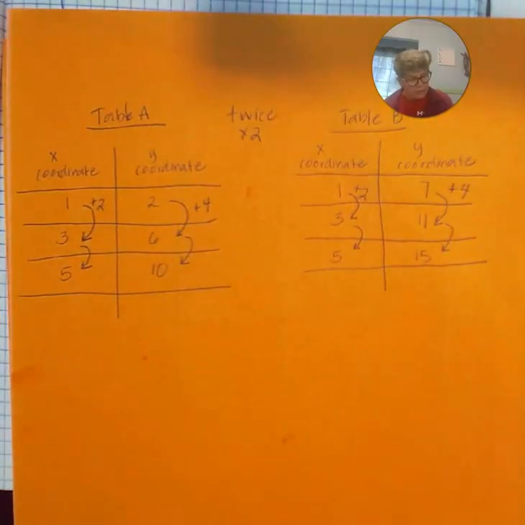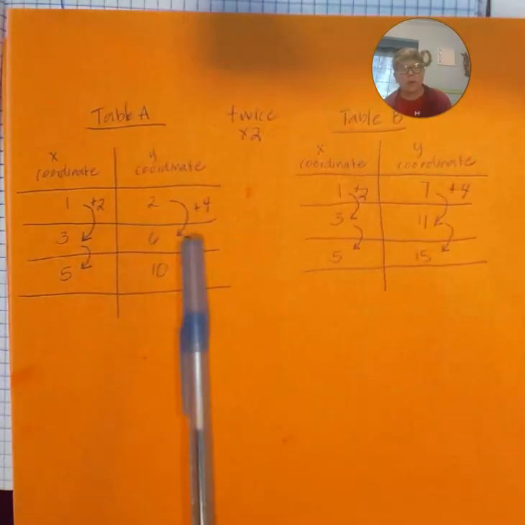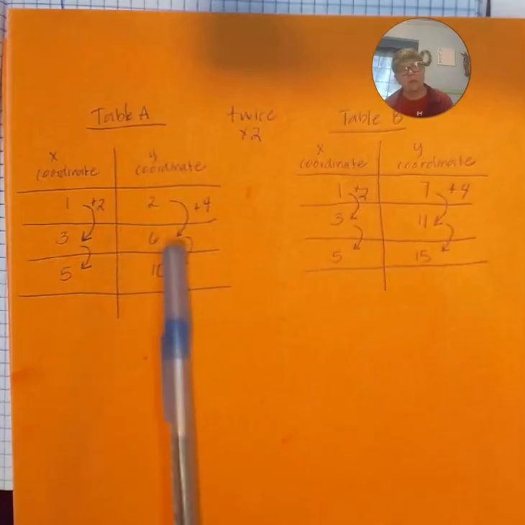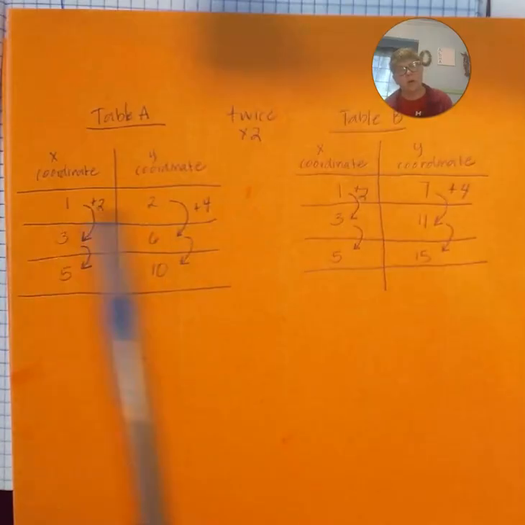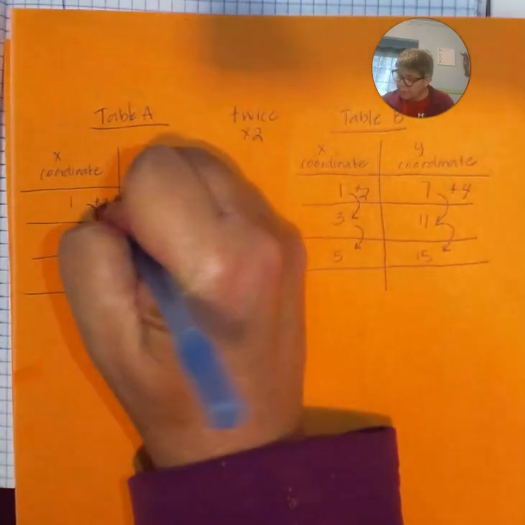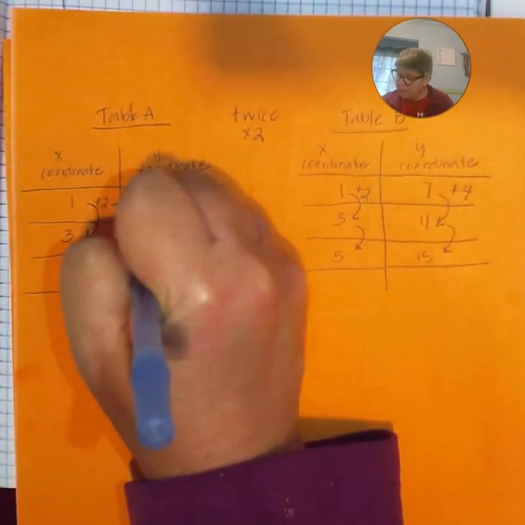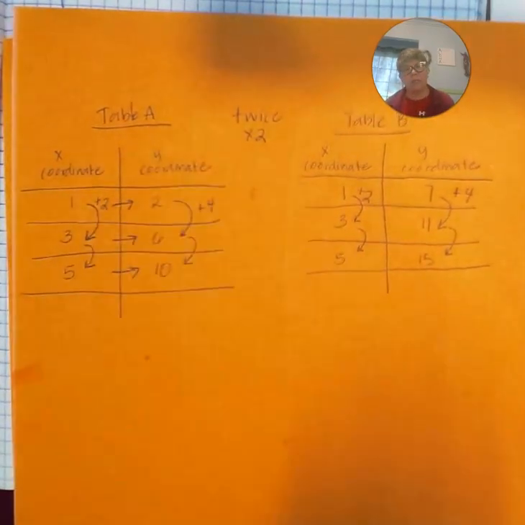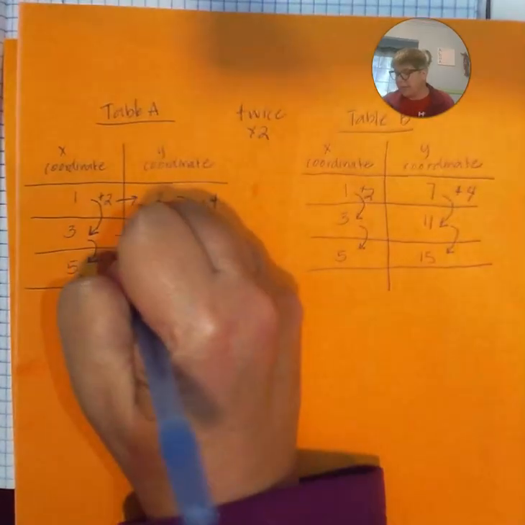Now, what is the relationship between the x and the y going this way, right? So if we know our x or we know our y, can we find the other one? Looking at table A, right? 1 to 2, 3 to 6, 5 to 10. Do you notice that our y is twice as many, times 2, right?